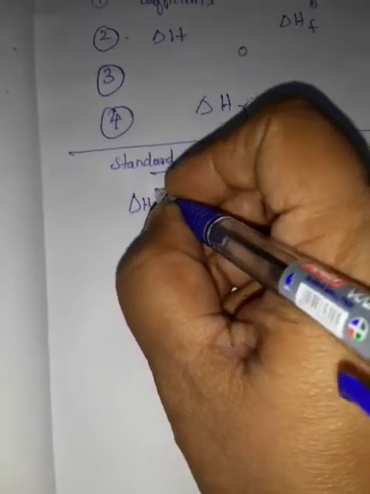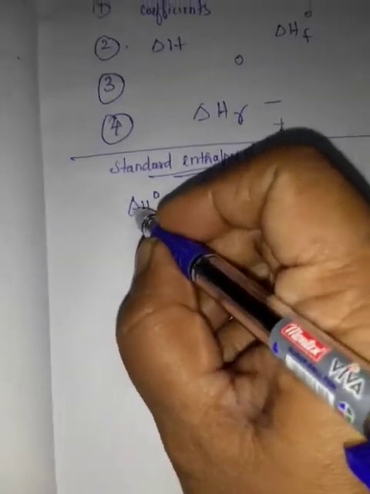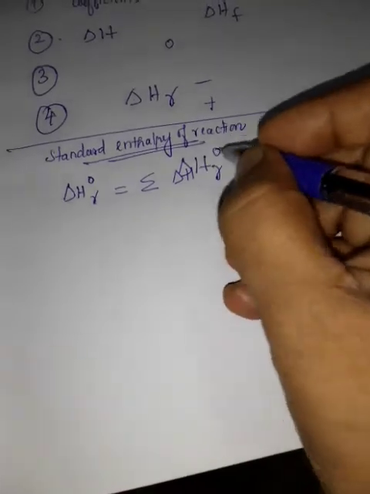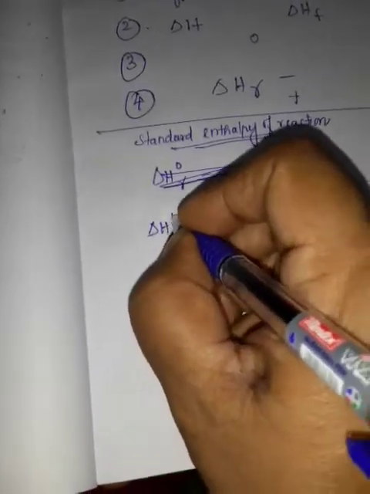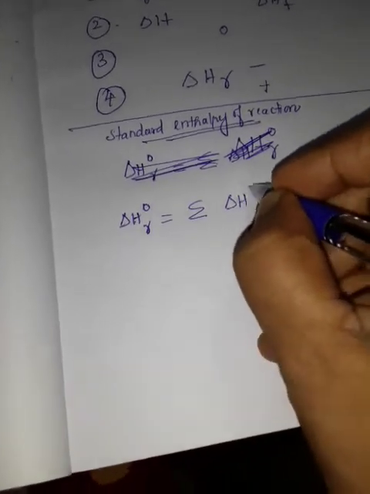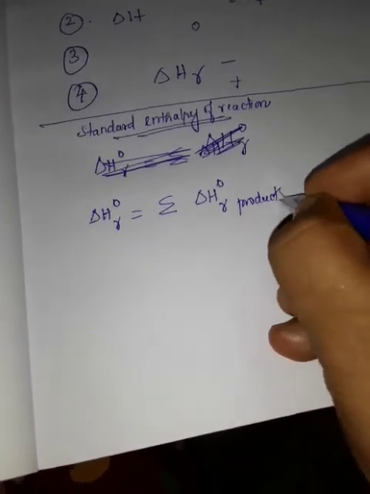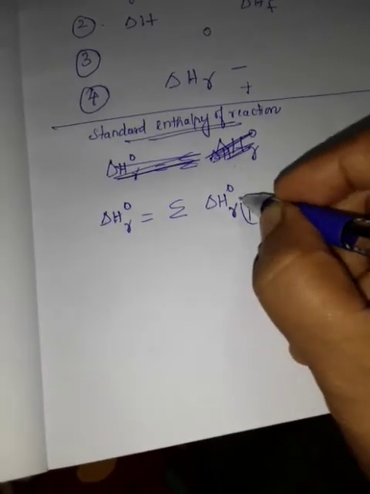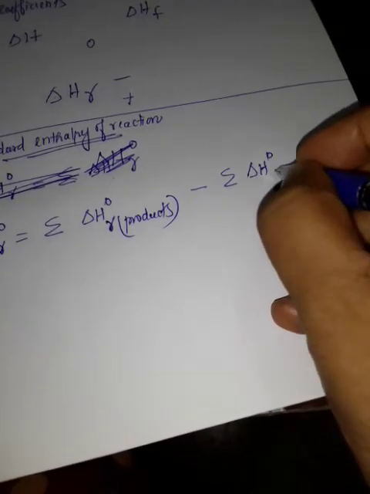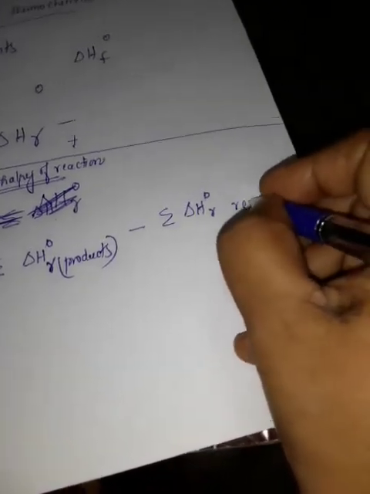Delta H naught R, the standard enthalpy change of a reaction, is equal to the summation of delta H naught f of products minus the summation of delta H naught f of reactants.